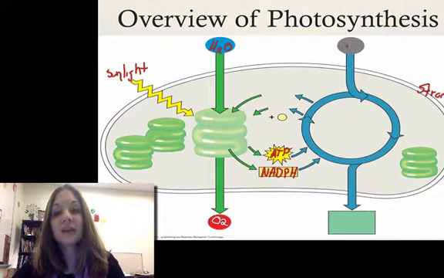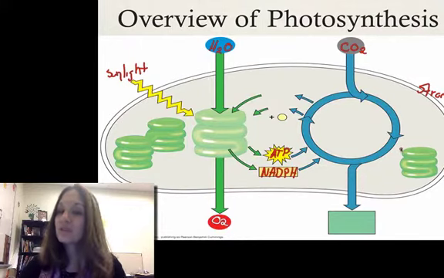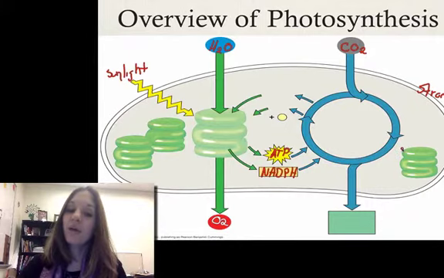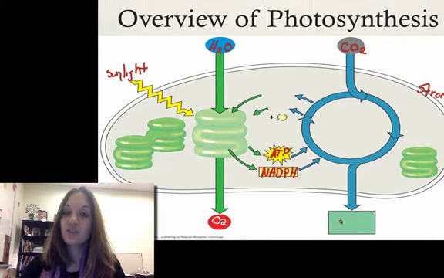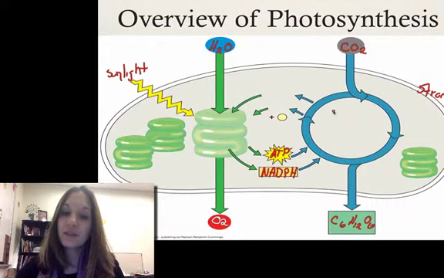In the Calvin cycle, the carbon dioxide enters and through a series of different chemical reactions is catalyzed, and with the help of the NADPH, the energy from that, along with that hydrogen, which is now being shuttled as well, we're going to produce sugars, C6H12O6. As a byproduct of this process, we're going to break apart the NADPH and the ATP.